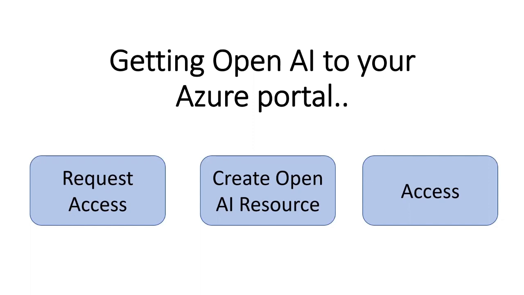Then when we go through that, we can get Azure services to our portal. From that, we can simply create an OpenAI resource and then access these OpenAI services. So first, let's see how we can request OpenAI access.